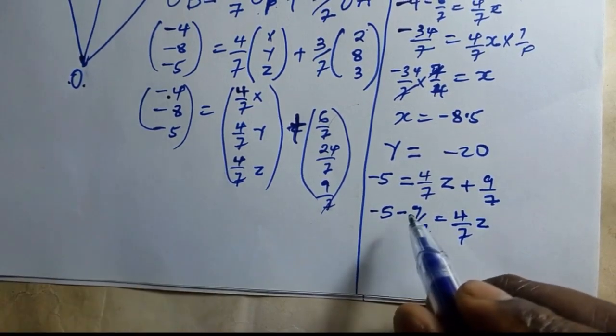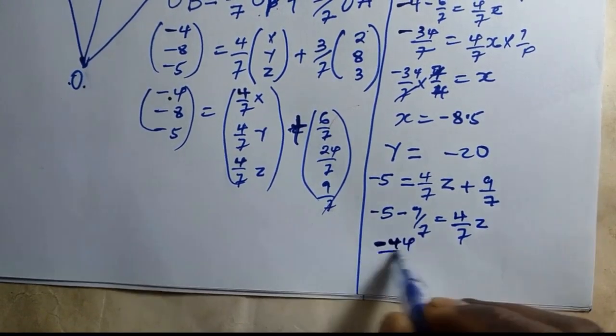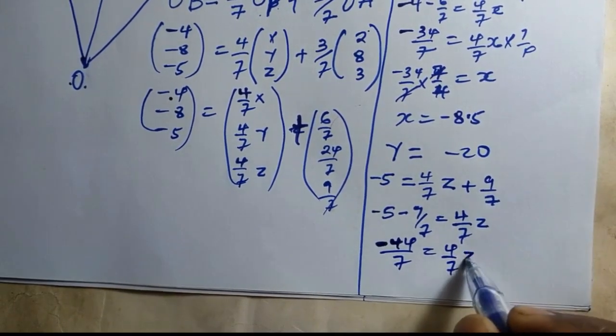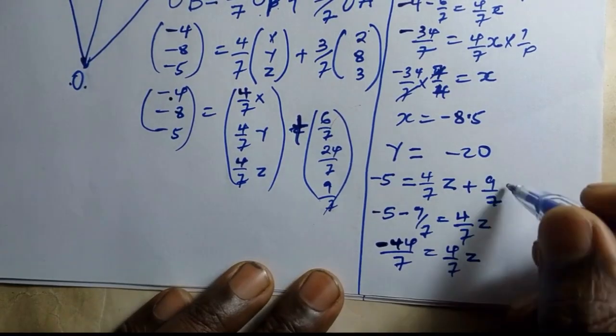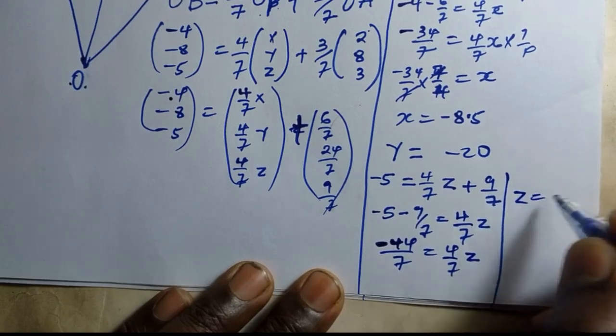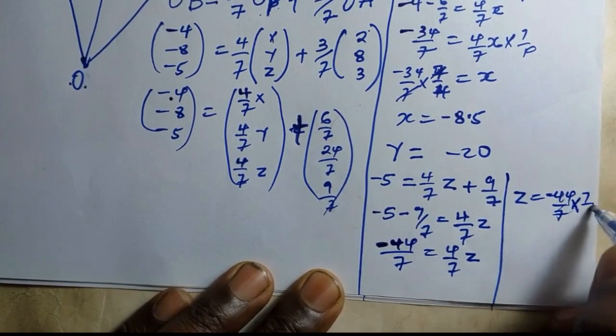Ukifanya hii like terms together, utapata kwamba itakuwa negative 44 over 7 is equal to 4 over 7z. Multiply the reciprocal here, we find that z is equal to minus 44 over 7 times 7 over 4.